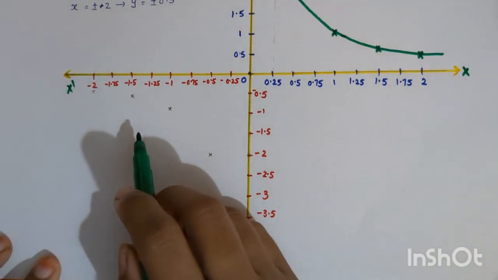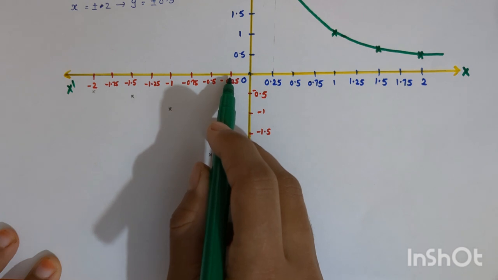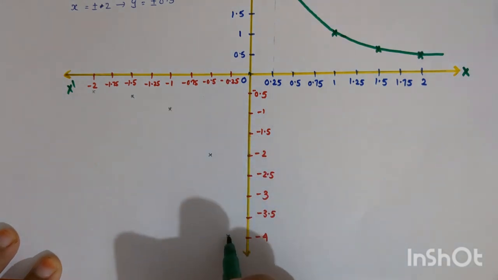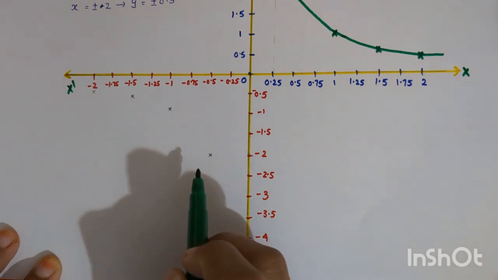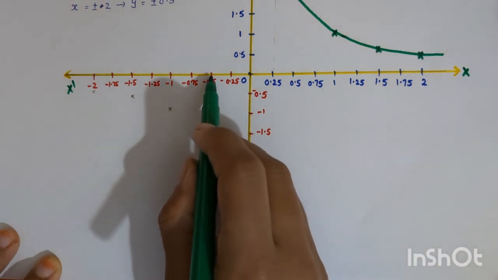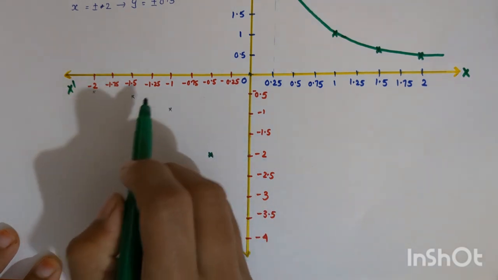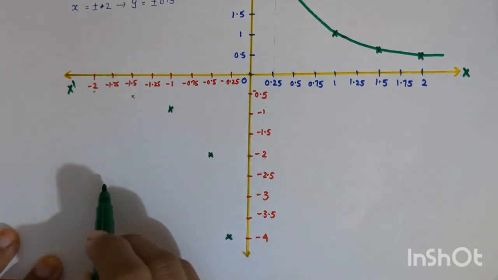Similarly, for negative values, when x is equal to minus 0.25, y is actually minus 4. So (-0.25, -4), we will get a point here. When x is equal to minus 0.5, y is equal to minus 2. So (-0.5, -2), we will get a point here. When x is equal to minus 1, y is equal to minus 1, we will get a point here.